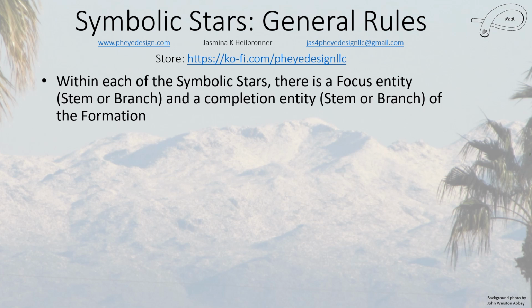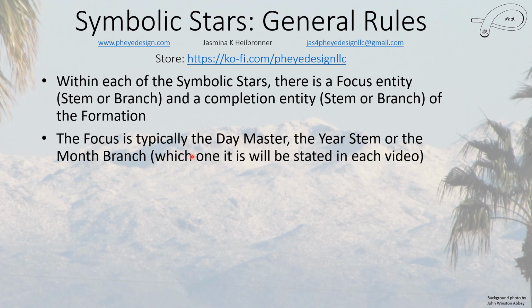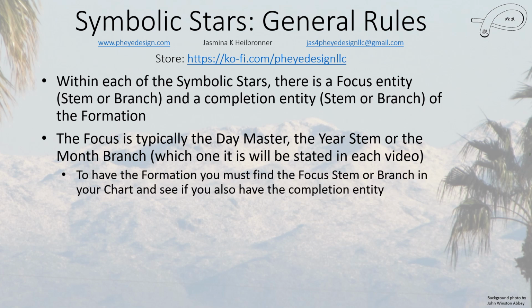But if you have both, then you have that formation. I think that's fairly obvious. The focus is typically the day master, the year stem, or the month branch, and which one it will be is stated very clearly in each video.